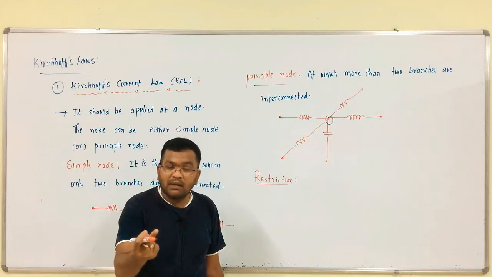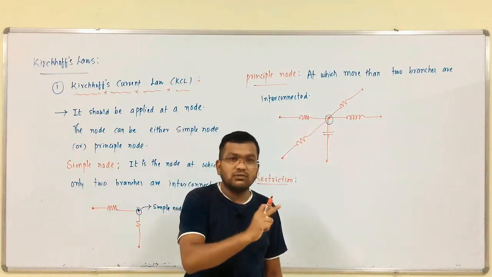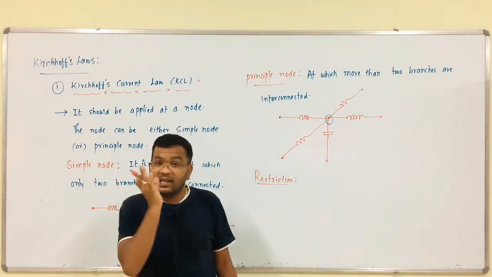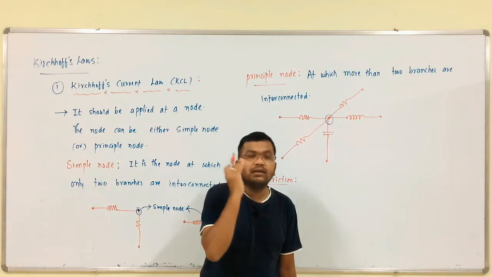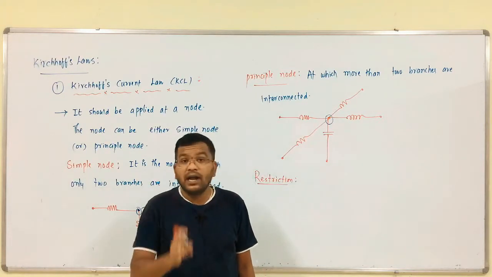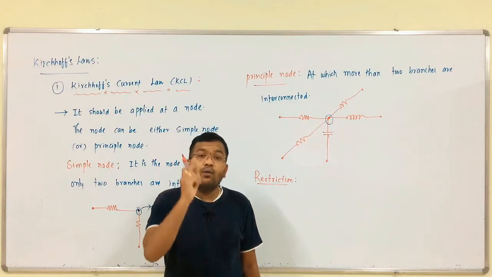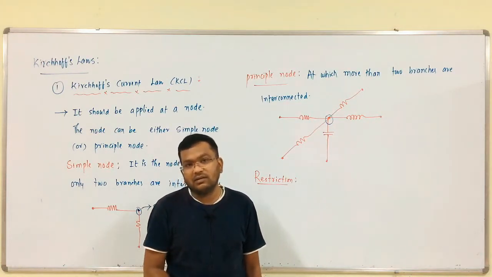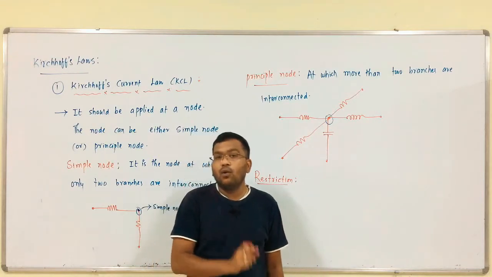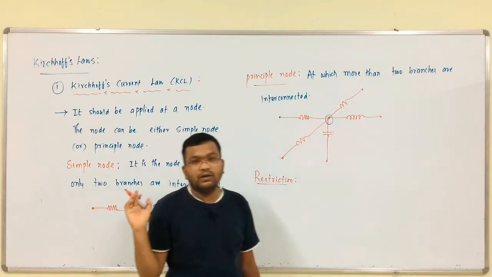It should be applicable either linear or nonlinear, either passive or active, either unilateral or bilateral, either time invariant or time variant, but it should be applicable only when the network is a lumped electric circuit.